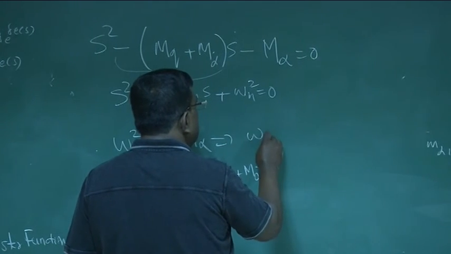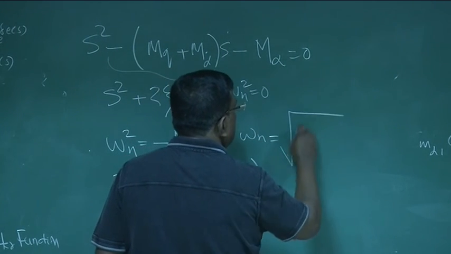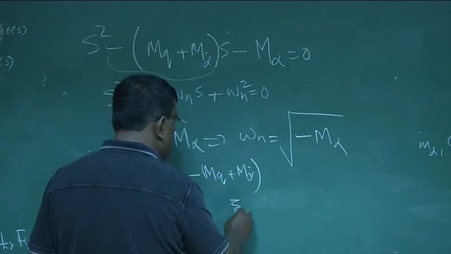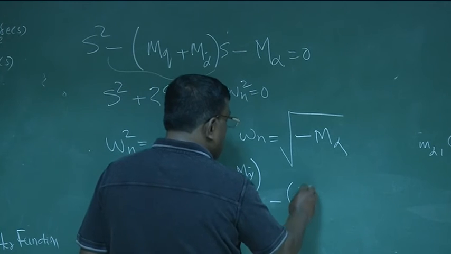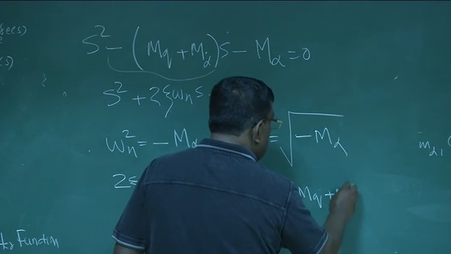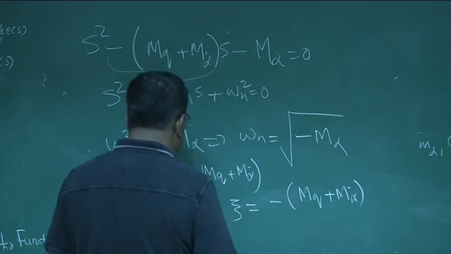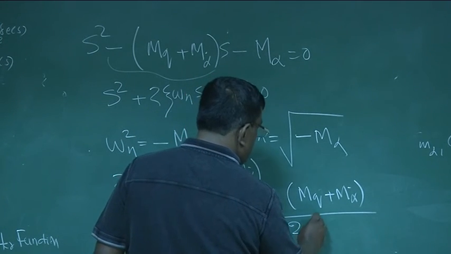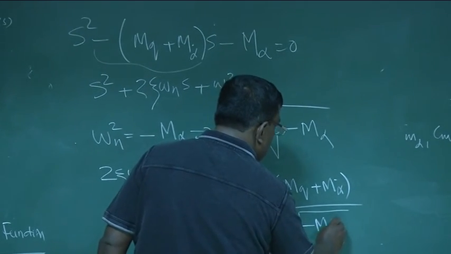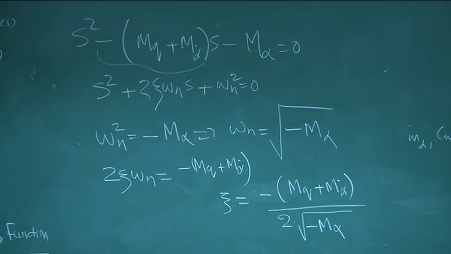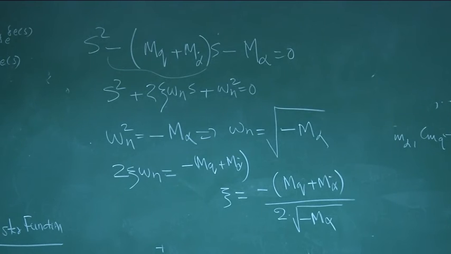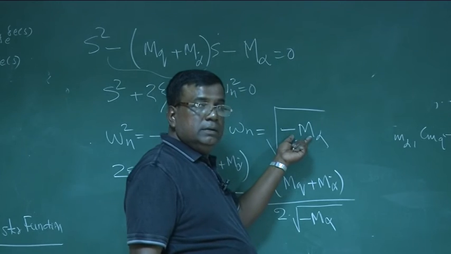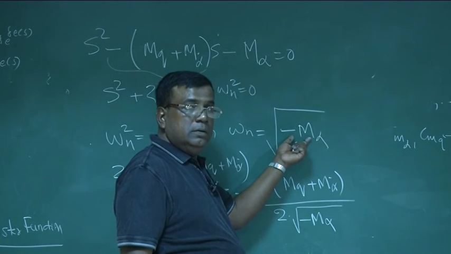So what is the natural frequency? Natural frequency is under root of minus M alpha, and you could always see zeta will be equal to minus MQ plus M alpha dot, divided by 2 into omega n, which is nothing but root of minus M alpha. What a neat expression, right? You may wonder, this omega n will become complex. Is it true?